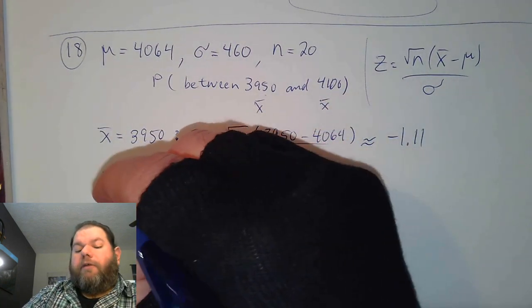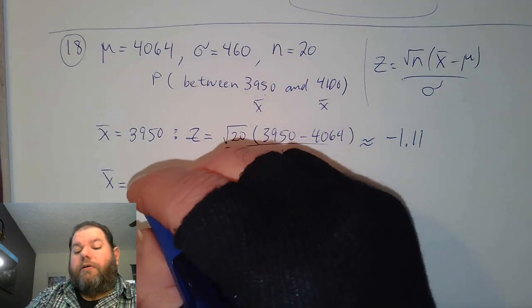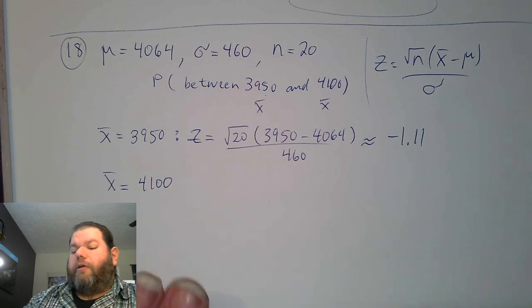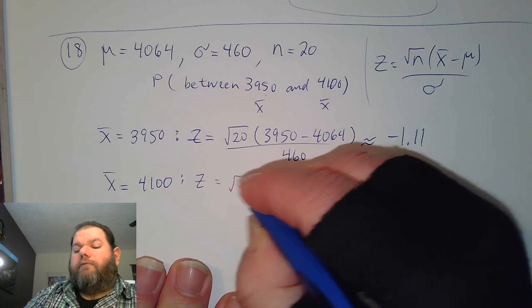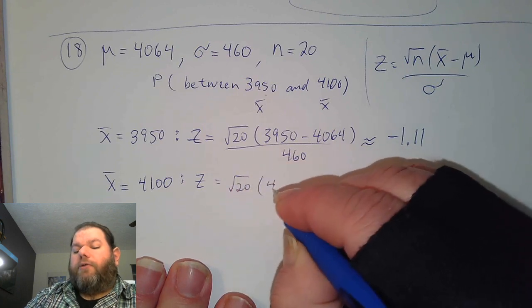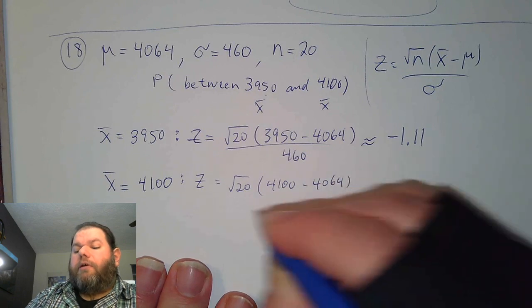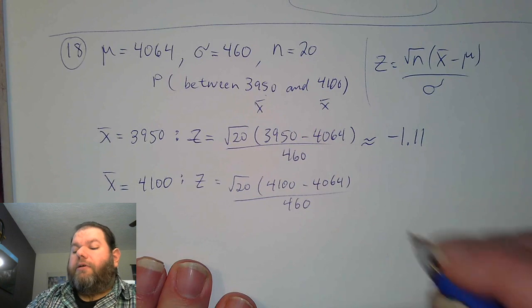And then we repeat for x bar equals 4,100. So here z is root 20 times 4,100 minus 4,064 over 460. We only have to change that one value.